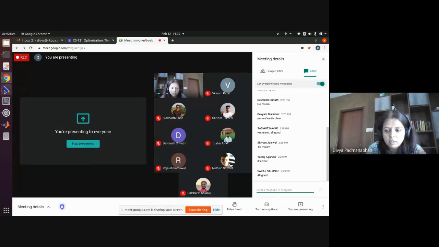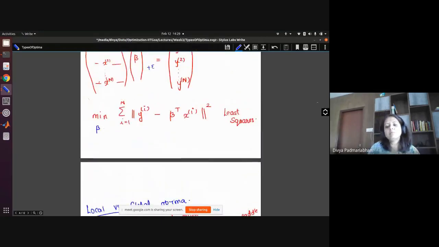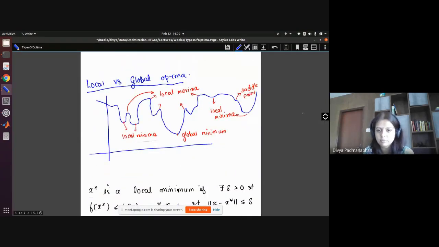Fine. So these are some motivating problems that we have. Now, before we even think of solving it, let's get the ideas of local and global optima. What are we actually looking for when we try to solve a problem? Suppose there is a minimum point. Even further, if you try to solve it to greater granularity, what is it that we are looking for? That's the notion of local and global optima.